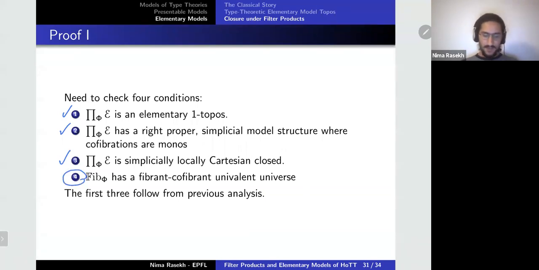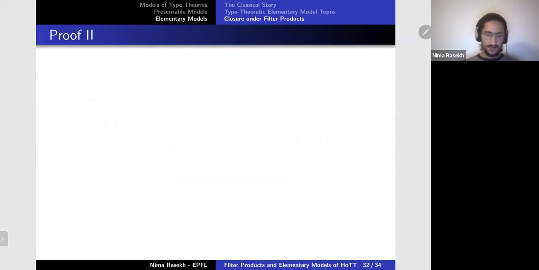So what can we say? How can we deduce that if E has some kind of universe for a certain fibration functor, then the filter product also has a universe? Here, let me see if I can make a short, vague argument.